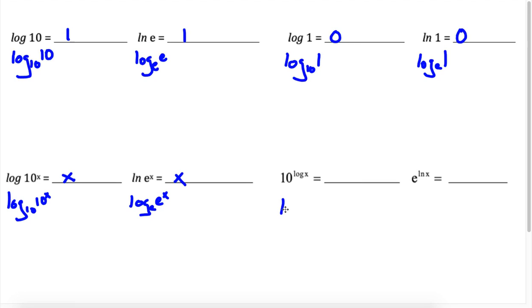And then same logic here. 10 to the log base 10 of x will equal x. And e to the log base e of x will equal x. Okay? Now, remember, these statements are true as long as this value and this value are the same. Right? It doesn't have to just be e and 10. It could be anything. Okay?